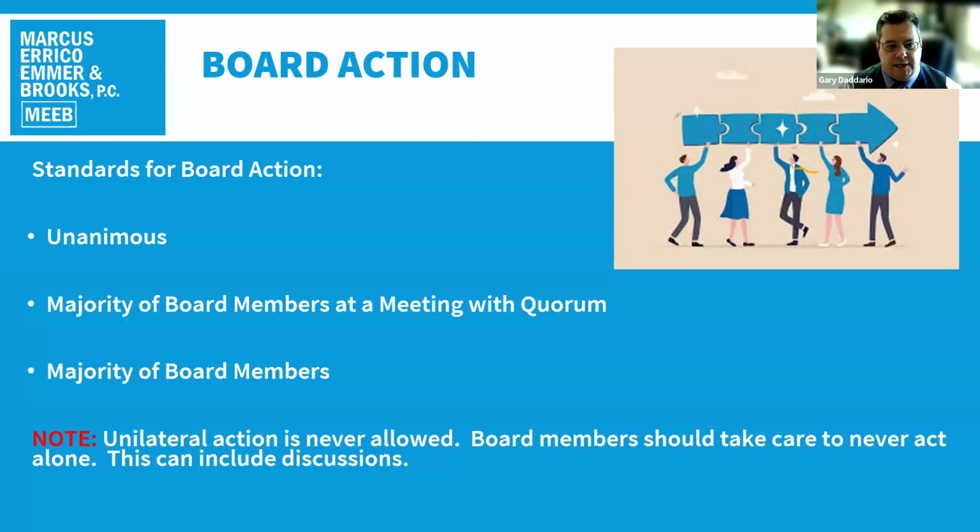And then finally, another standard that... I'm sorry to interrupt, but do you want to explain what a quorum is for people who don't necessarily know? Oh, sure. Good point. Quorum is sort of your minimum attendance required to conduct business at a meeting. And the statute has sort of a default threshold, but almost every set of condominium documents will have a quorum provision that states what the quorum is at that association.